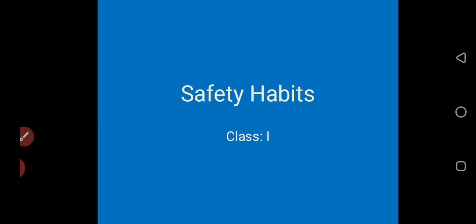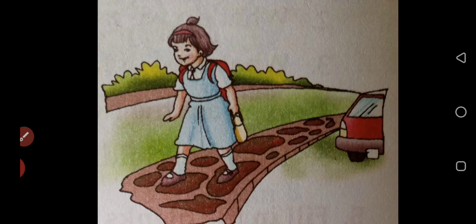At first, safety on the road. Here you see a girl is walking on the road, but the road is divided into different divisions. Here the girl is walking on the footpath.